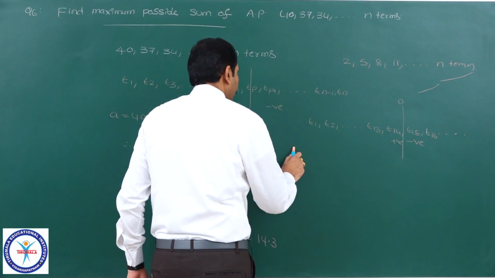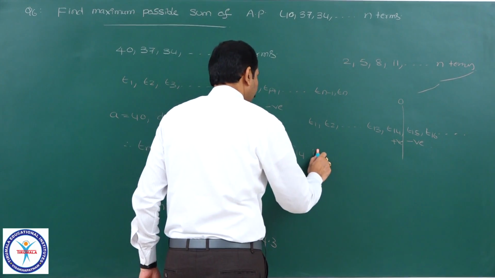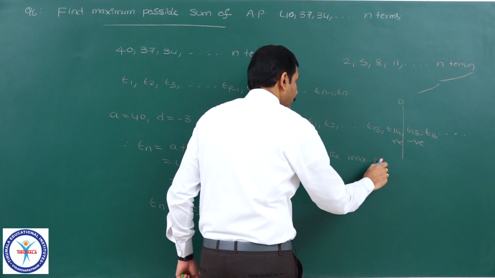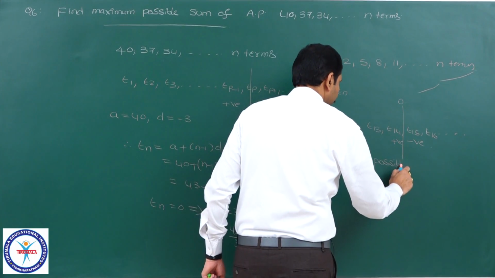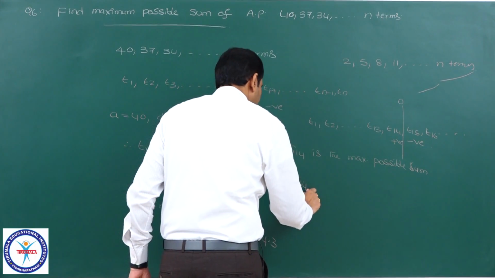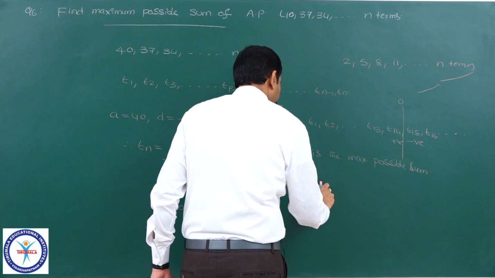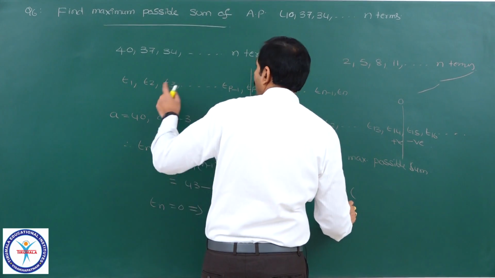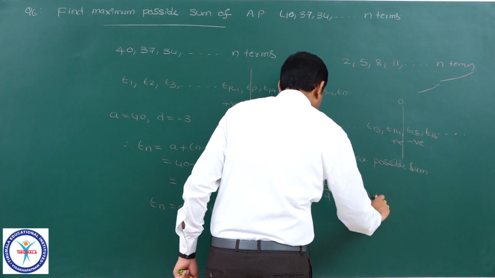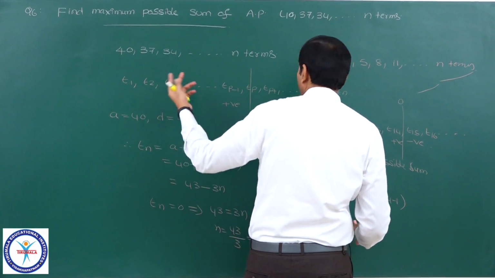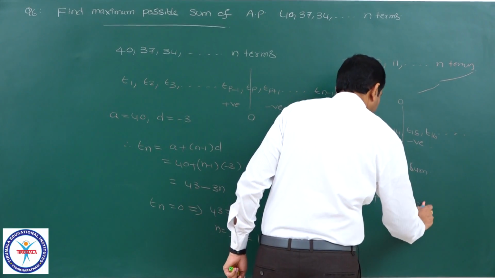Therefore, S14 is the maximum possible sum. What is S14? I will see. S14 is equal to n by 2 into 2a plus n minus 1 into d, that is 14 by 2 into 2 into 40 plus 14 minus 1 into d, 37 minus 40 means minus 3.